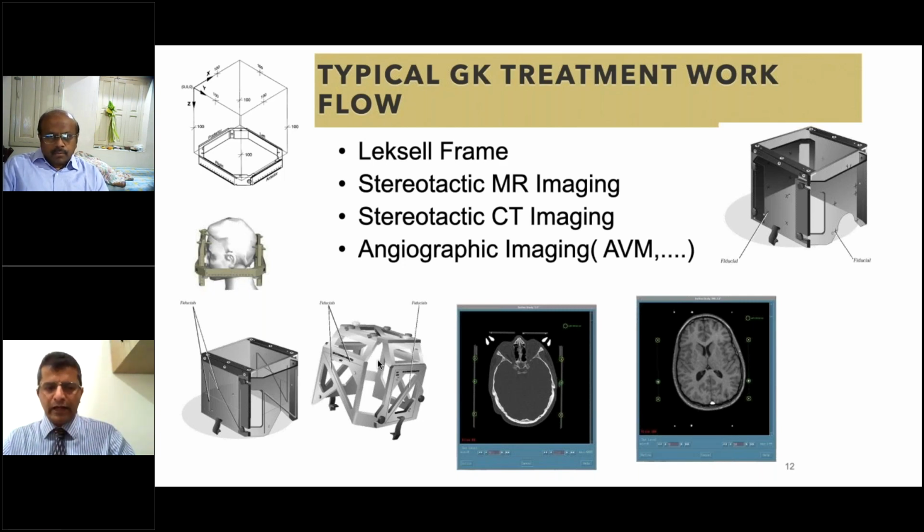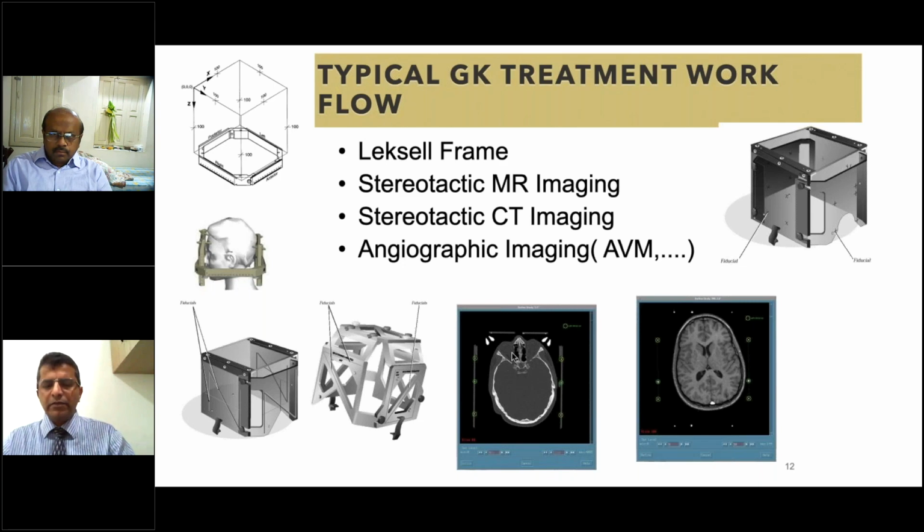For the MRI, if the patient undergoes MRI imaging as the primary imaging modality, the patient undergoes imaging using this MR indicator box. If it is CT imaging, this CT indicator box is fixed to this frame, and with that the patient undergoes imaging, and these images are used for delineating the target.